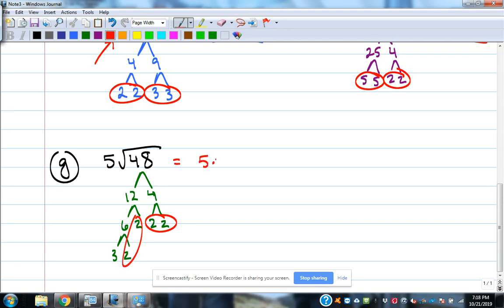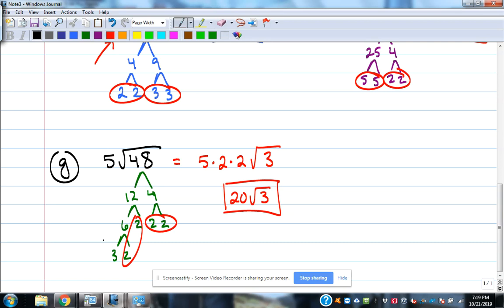So the 5 that was already there. And then how many 2s come out? 2 2s. And then the 3 left on the inside. So it's going to be 5 times 2 times 2, which is 20. Radical 3. So if there's a number that's already out there, once you simplify, bring those out and multiply it all together.